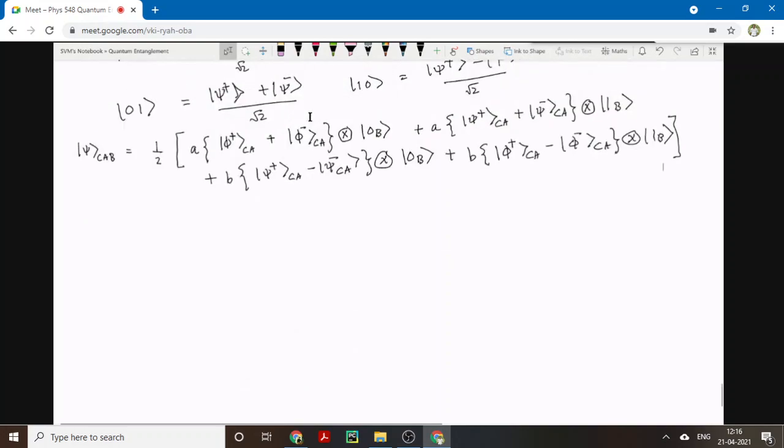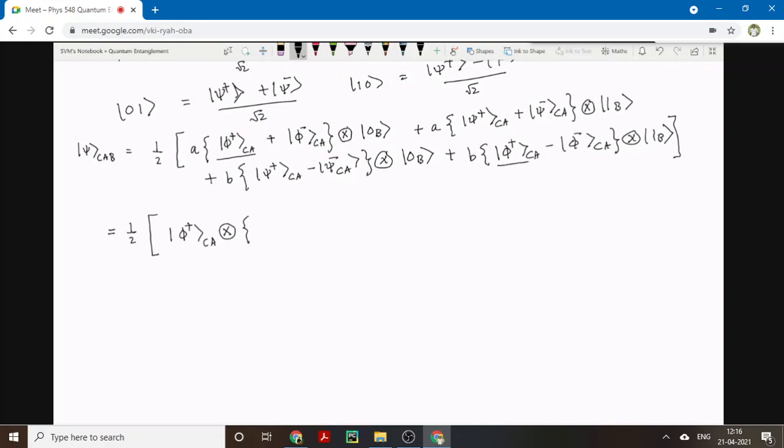Okay, so this can be written in the following fashion. Just one step. Now let me collect the coefficients of phi plus CA. You can see that this phi plus CA is here, and where else is phi plus CA?